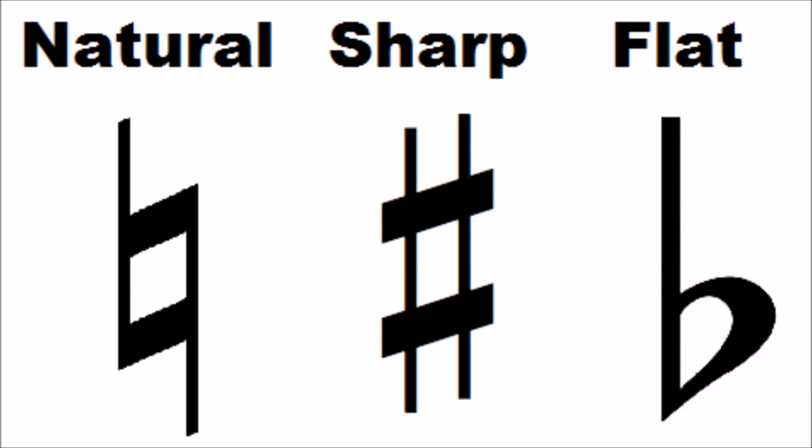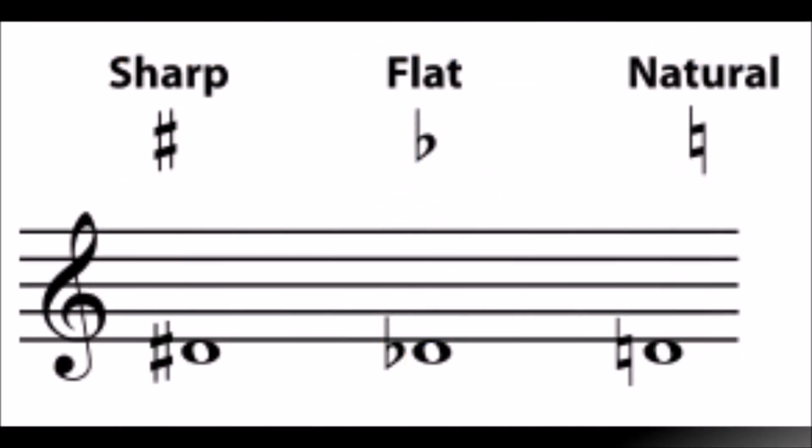You can purchase staff paper online or in a music store, or you may be able to find some on the internet and print them out. Remember to draw them on the line or space of the note head that they affect. Also, remember that they must be drawn before the note.